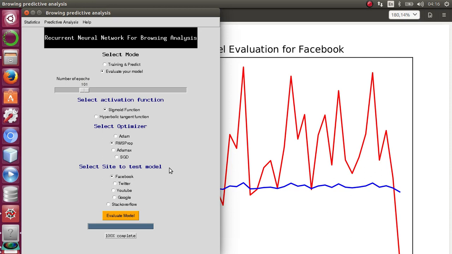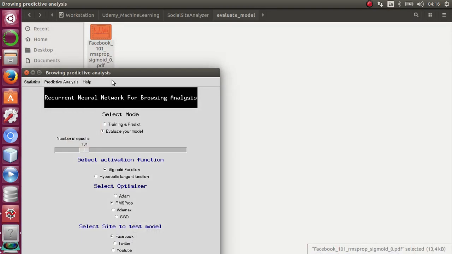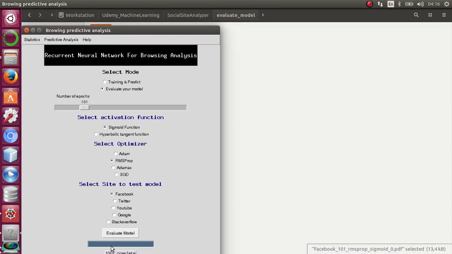All right, so let's try to train my system for the second time. Let's see if it gets better with the hyperbolic tangent function. Evaluate.